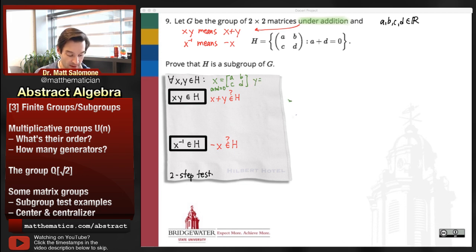Similarly for y, if I call it E, F, G, H, then those variables would have the property that E plus H would equal 0. And so now the question is, does x plus y belong to H? Well, what is x plus y? We'll just write it out. X plus y is going to be A plus E, B plus F, C plus G, D plus H.